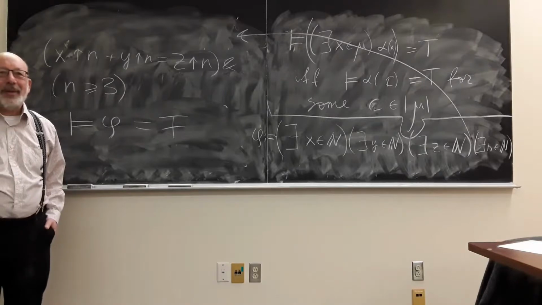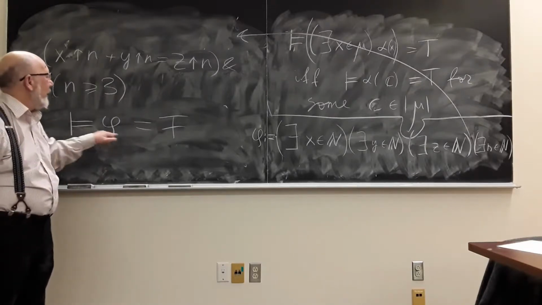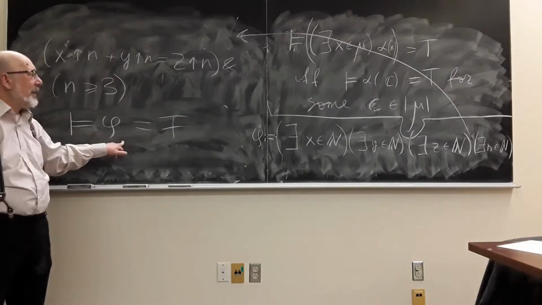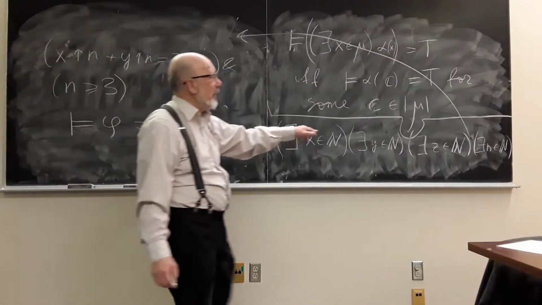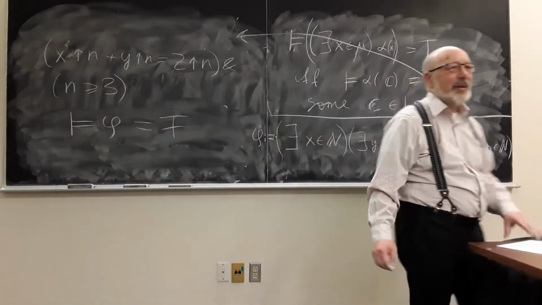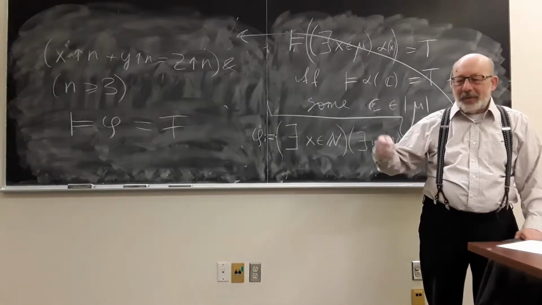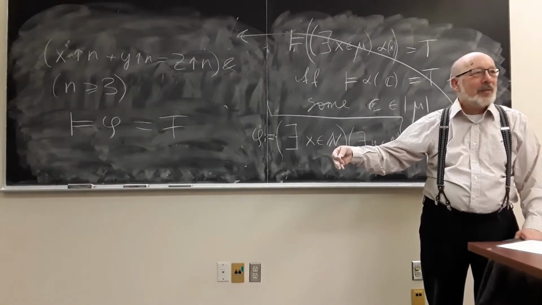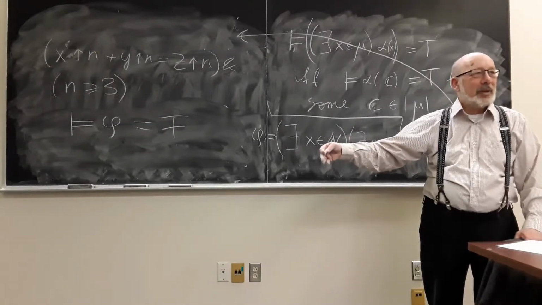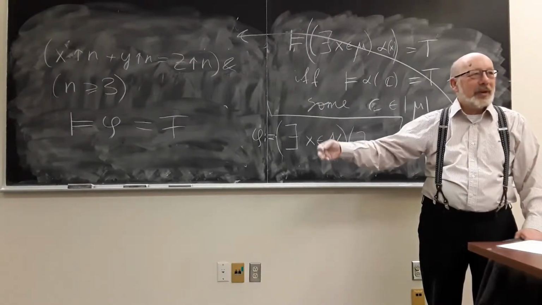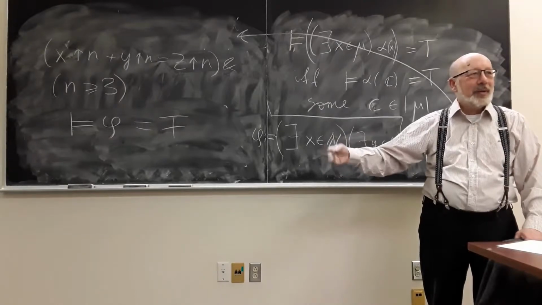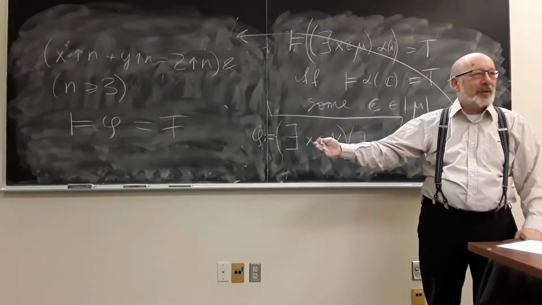So here I say take this formal statement and somehow find its meaning. So the meaning of the statement is a Boolean variable, true or false. So this concrete statement is false.